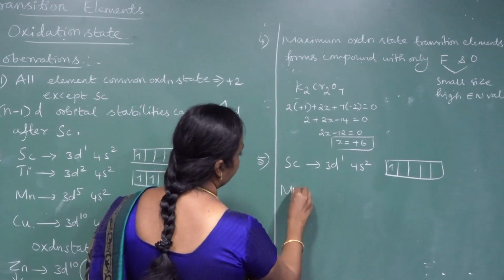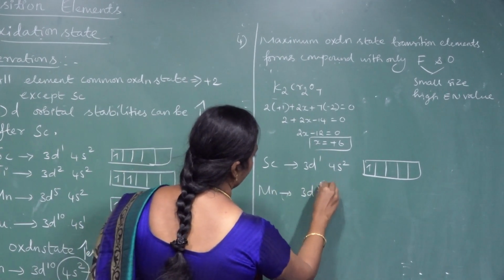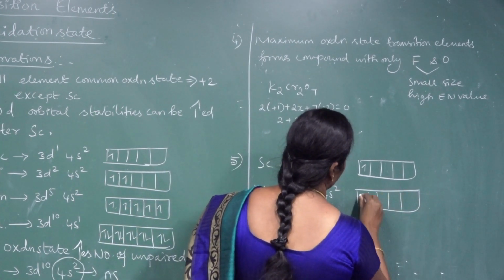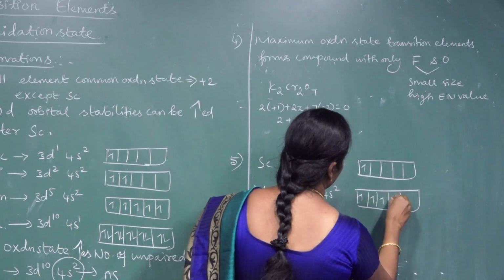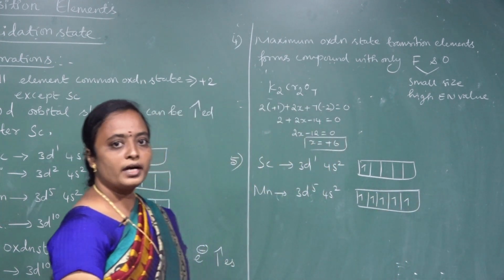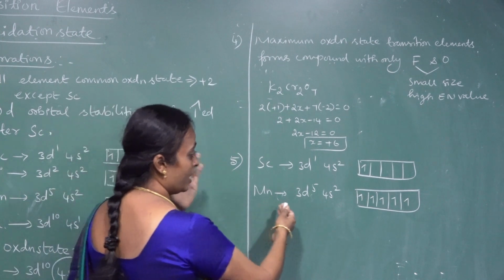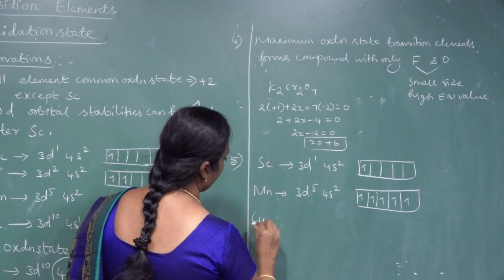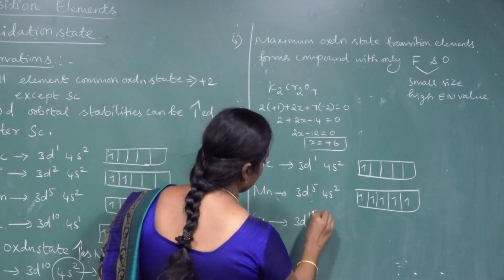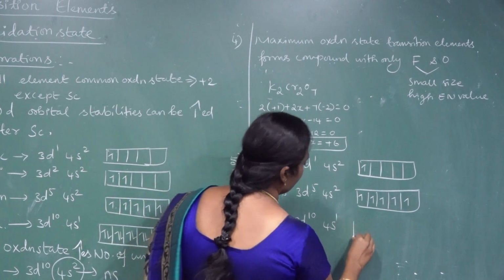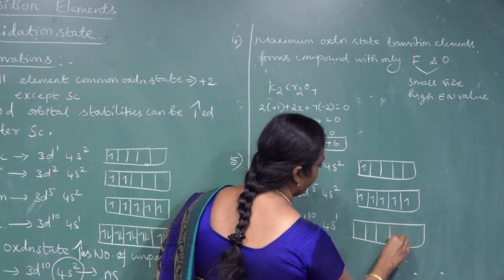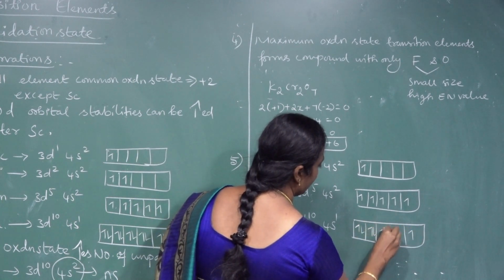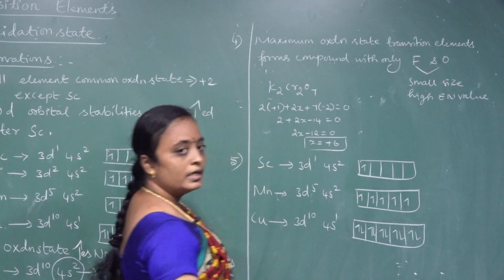Same if I am taking manganese, 3d5 4s2, there are totally 5 unpaired electrons, okay, and in the middle we are expecting more oxidation states, and at the last, copper, if I am taking copper 3d10 4s1, like this, there is no availability of d electrons.